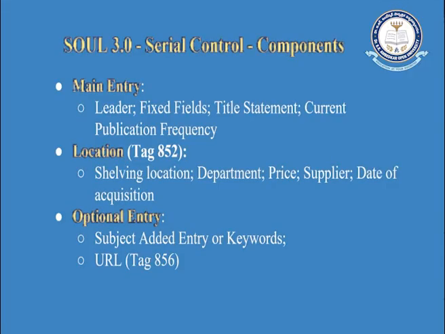If it is an online journal or any electronic resource, we have to use the tag 856 to reach the digital document of the journal, and also any digitized document. For a digitized journal or collection, the URL will support the user to reach the document and also download the record.